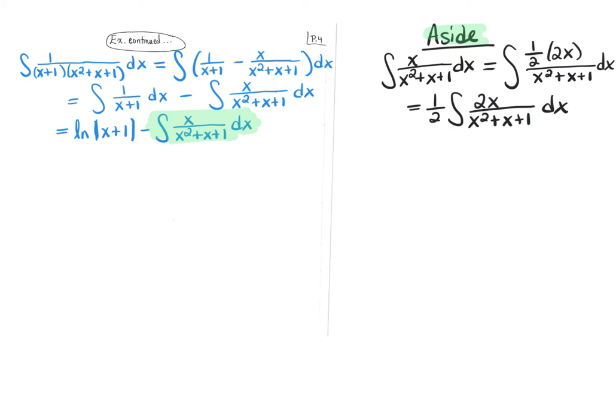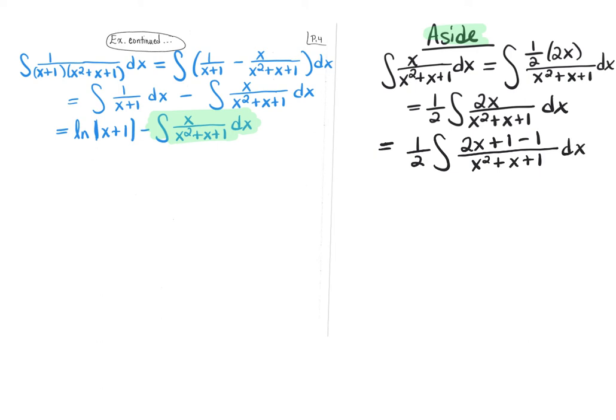But this is a nice trick of entering 1 in and helping us throughout this integration. So now we have 1/2 the integral. Now I'm going to add 1 and subtract 1. Still didn't change the integrand. I just put in 0 now, over x squared plus x plus 1 dx.